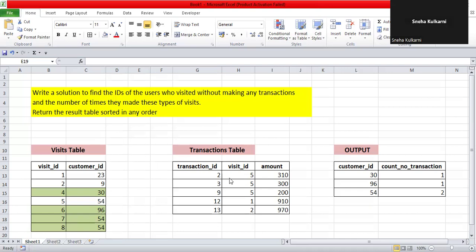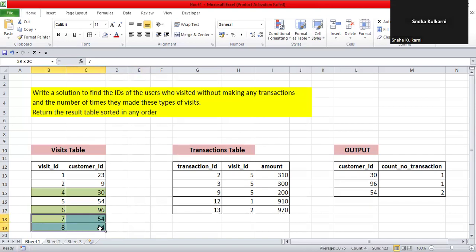Okay, so our task is to find out which customer visited the mall but did not make any transaction. In other words, we need to identify those visit IDs that are present in the visits table but not in the transactions table, right? So let's look at customer ID 54.